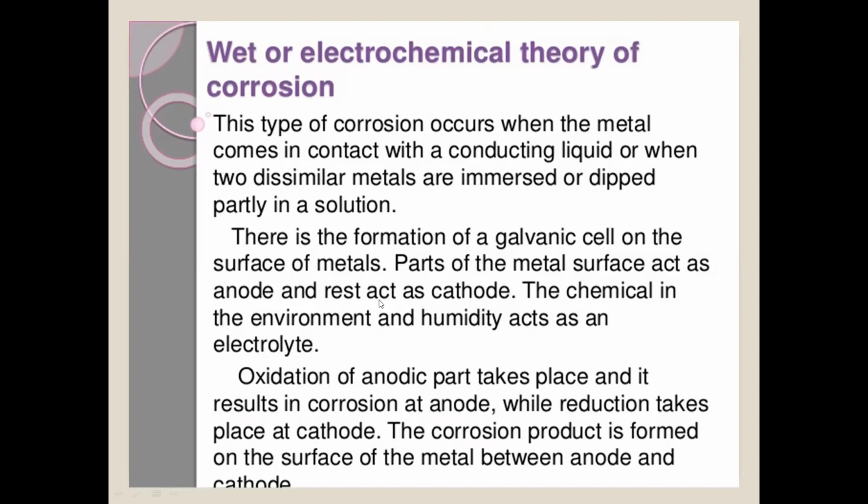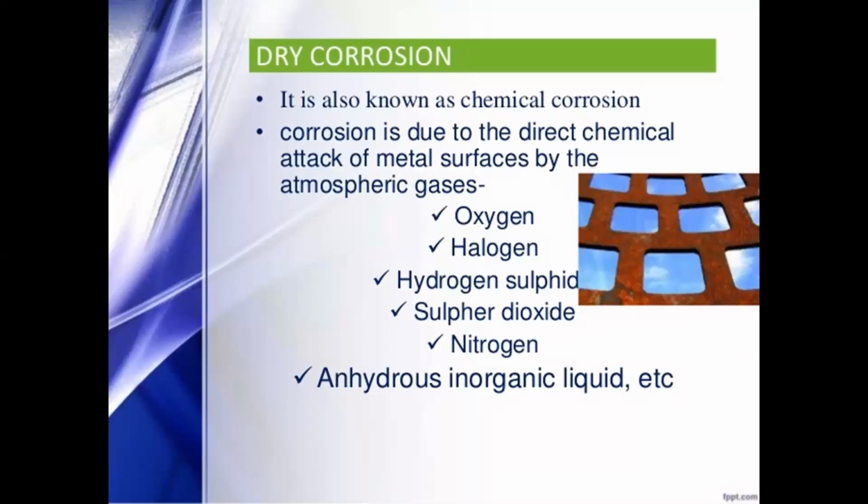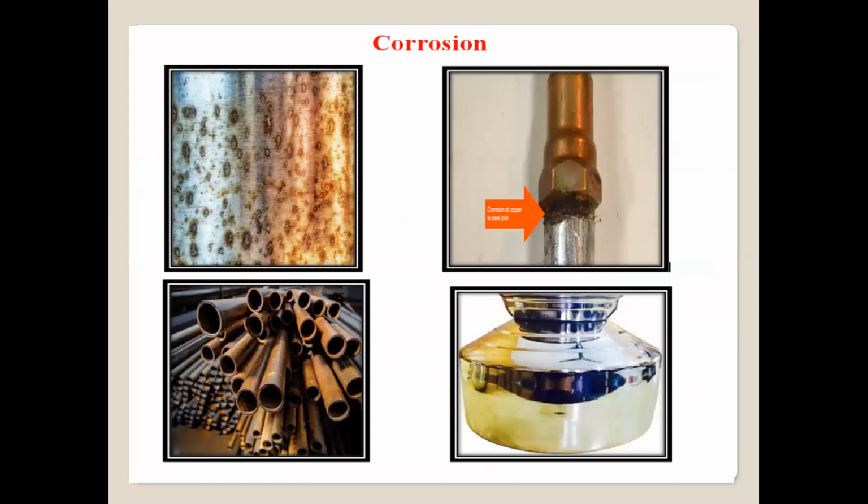I have previously shown one image of two different metals: here a copper rod is there, and here is the steel rod. Due to this corrosion occurs, and that is galvanic corrosion. It is an example of wet corrosion.